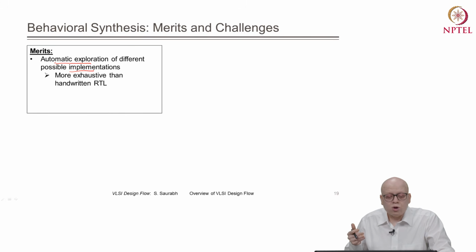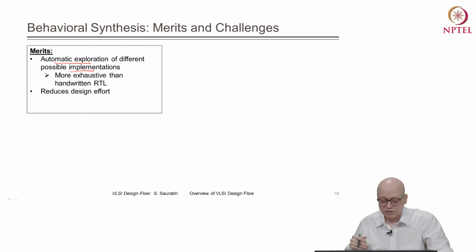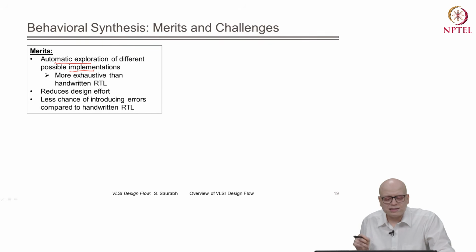So the solutions produced by the behavior synthesis tool will be after a more exhaustive search of the design space than the handwritten RTL. It reduces the design effort because it is done by an automatic tool, and it has less chance of introducing errors compared to handwritten RTL. So these are the benefits of behavior synthesis.